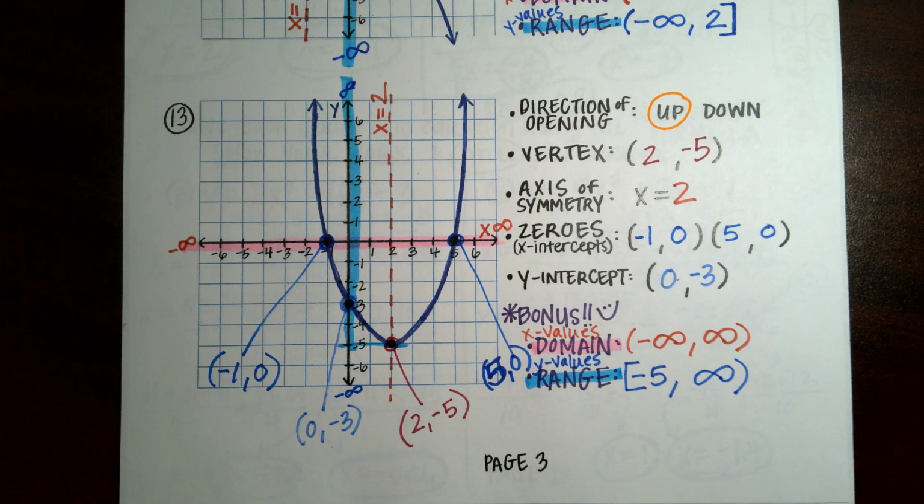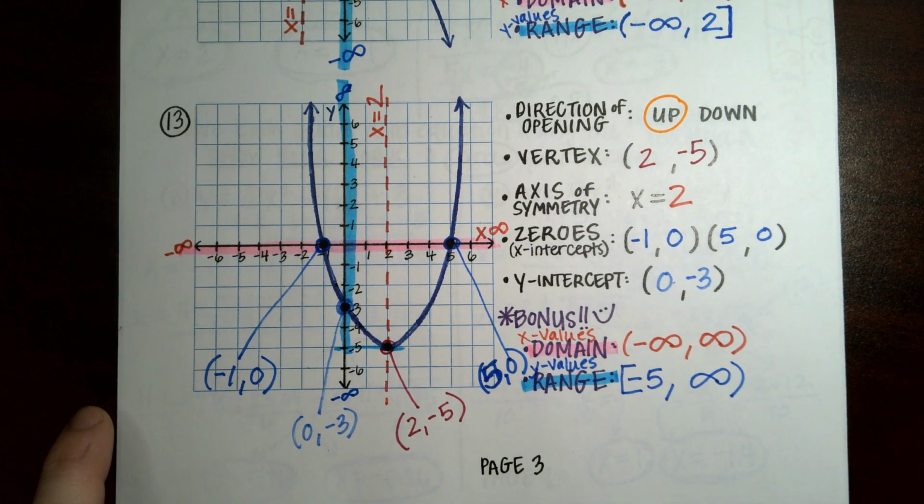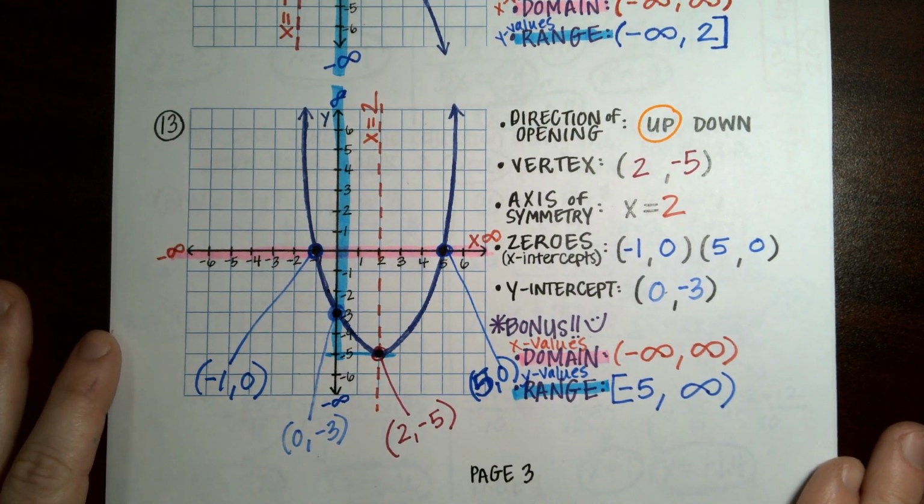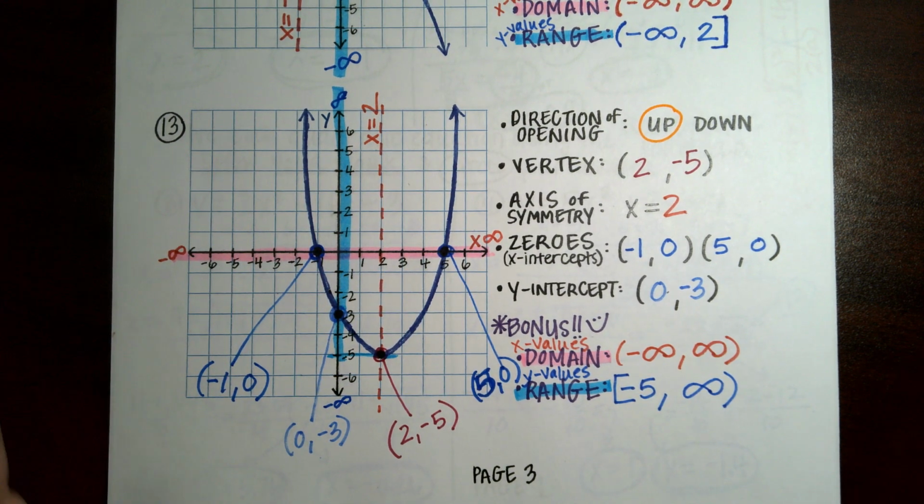So that's going to be it for your quiz, guys. Now that we have finished our practice quiz together, once you're done getting everything written down nice and neat and you're ready, show me that you filled it out before you leave. That's going to be your exit ticket grade today.